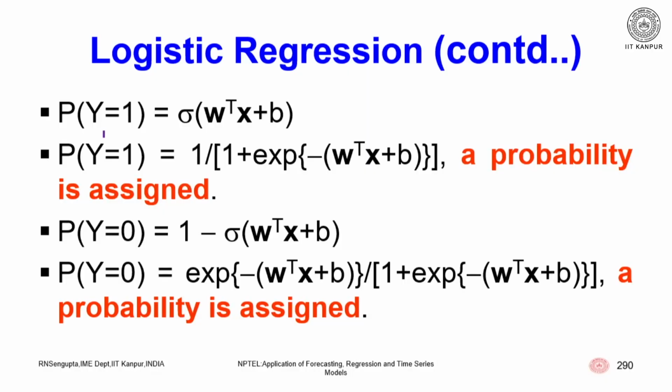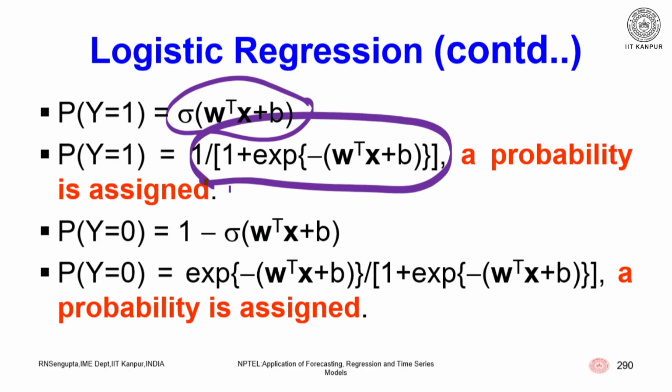Now, here I will give the end results, and we will utilize these results to solve our problem. So, the probability of y equal to 1, in category 1, is given by this sigma. I will call it a function based on w, x and b, and I am defining that function as sigma, and the probability will be given by 1 divided by 1 plus exponential of minus (w transpose x plus b).